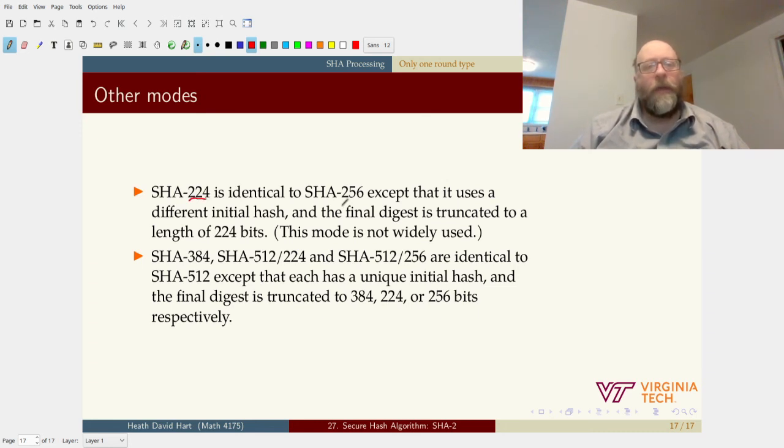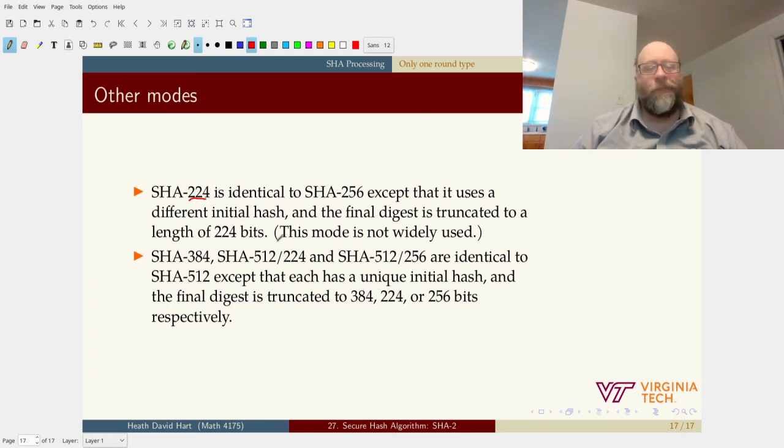224 is identical to 256, except that it uses a different initial hash, and when you're done, it truncates the last 32 bits from the digest, so the digest fits in a 224-bit length. This mode is not widely used.